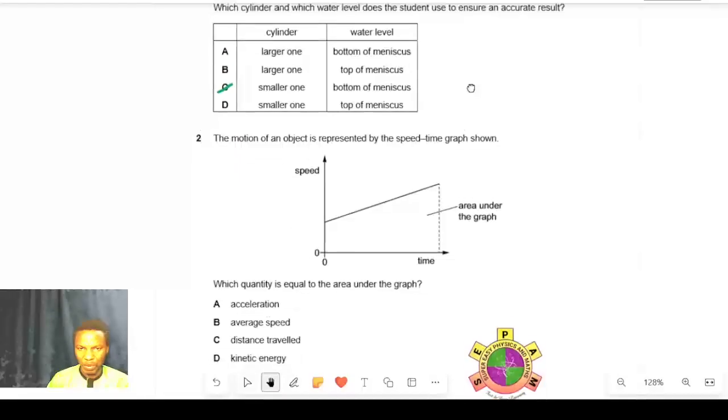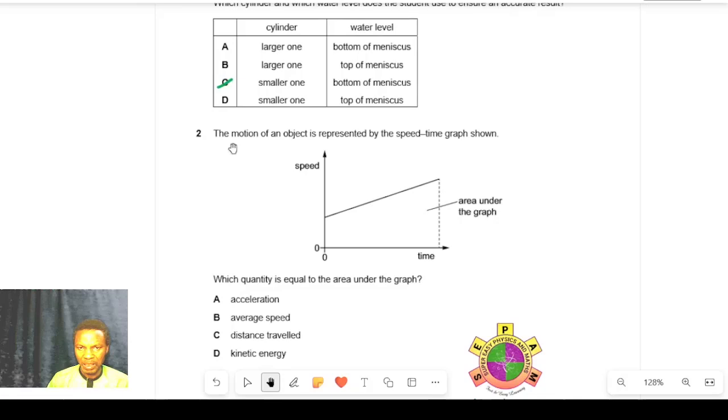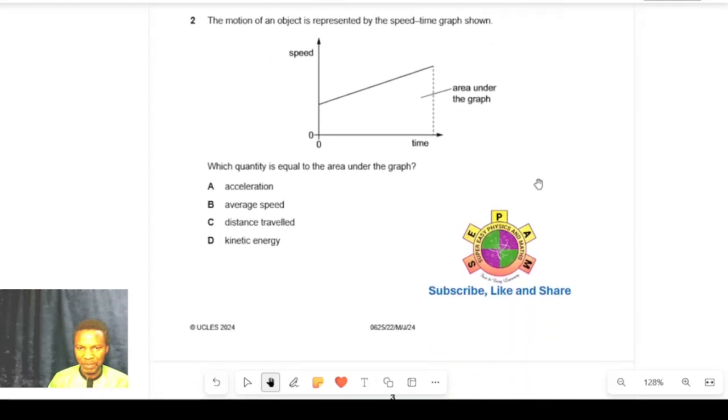So let's go to the second one. The motion of an object is represented by a speed-time graph as shown. So you have the speed and then you have the time. Which quantity is equal to the area under the graph? The area under the graph is equal to distance traveled.